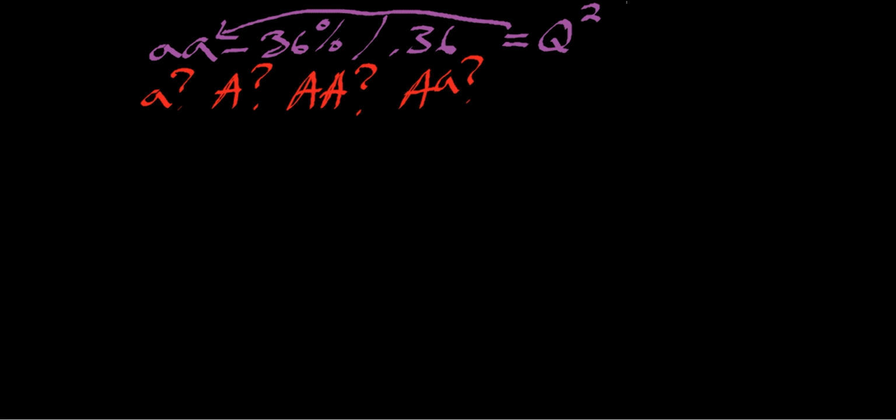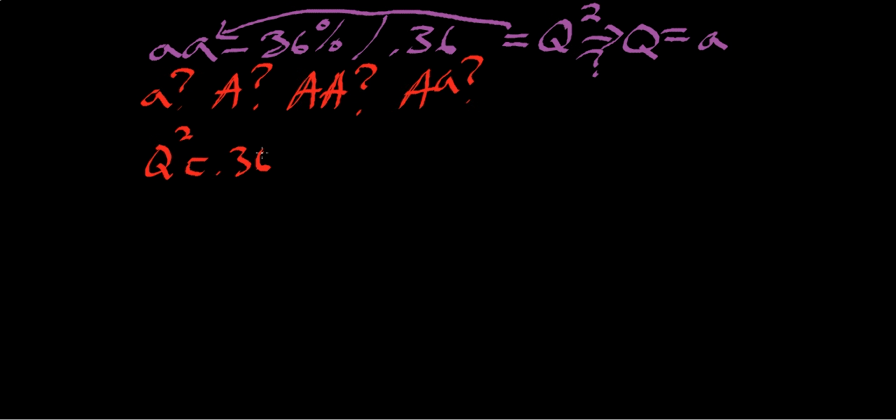Alright, so how are we going to get from q squared to q, which is equal to our recessive allele? By doing some simple math here. We have q squared is equal to 0.36.